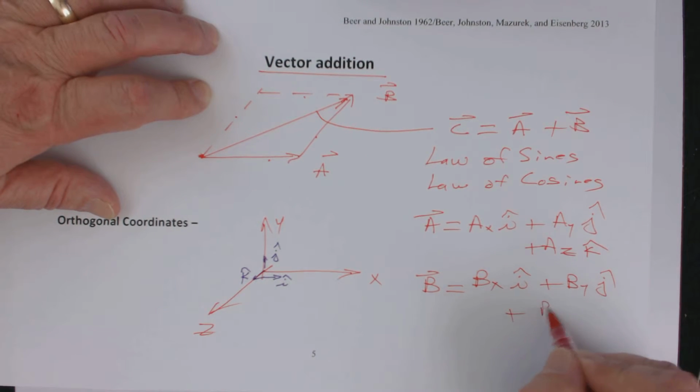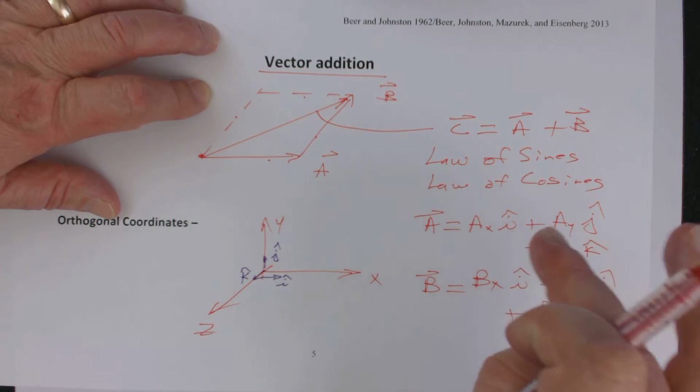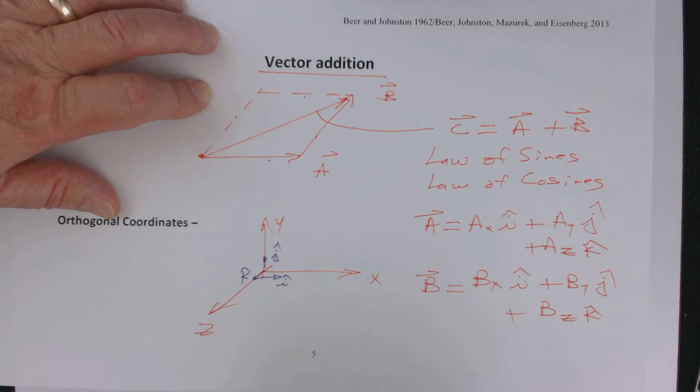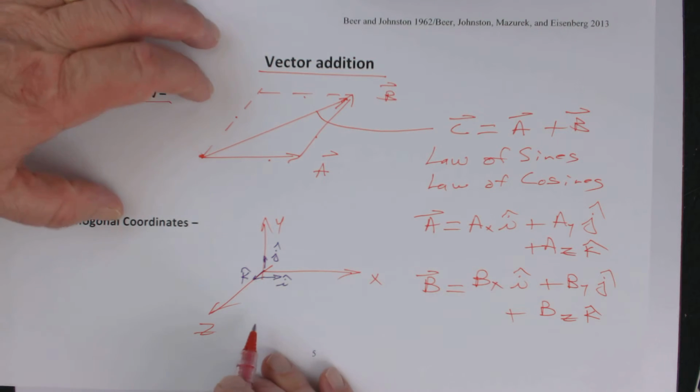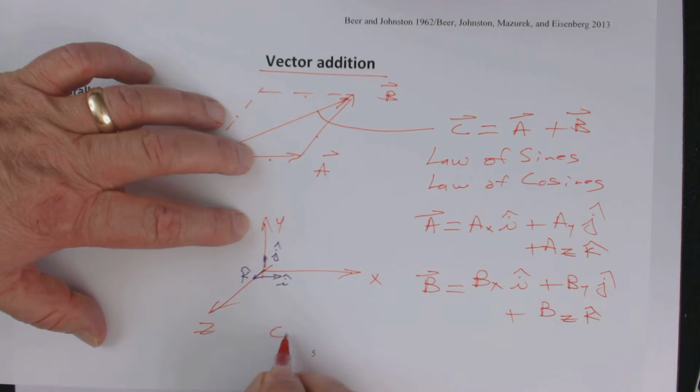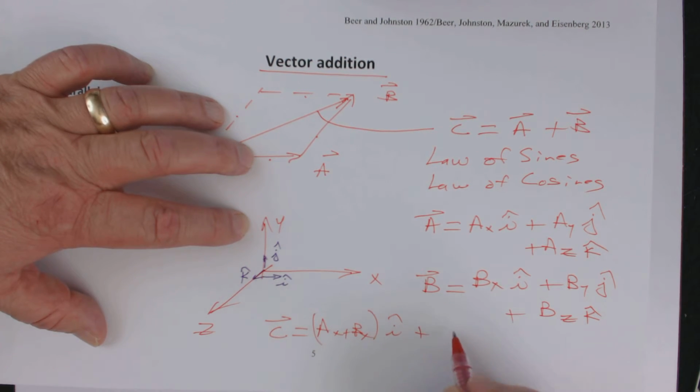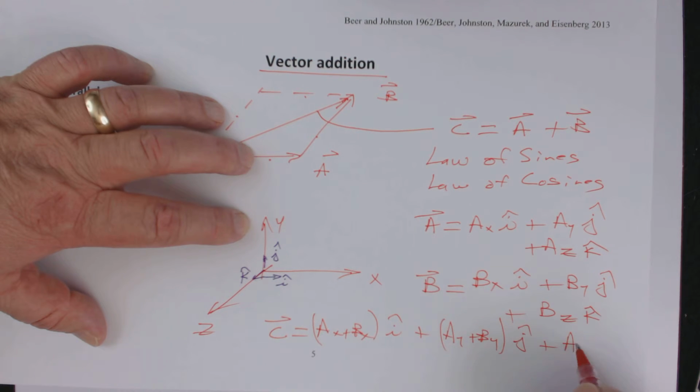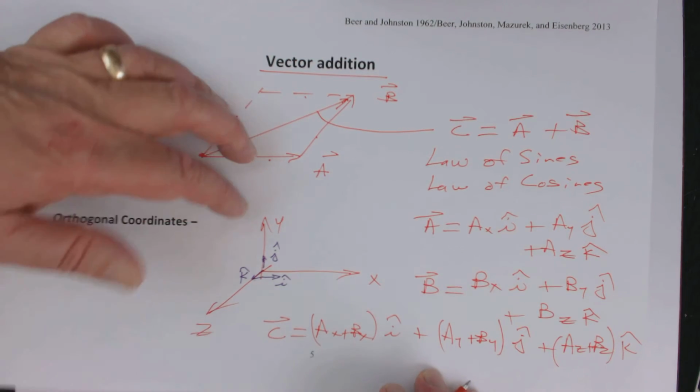Okay, so I take the two vectors, break them into their x, y, and z components. Those are called orthogonal components. And then I can say that my vector C is equal to AX plus BX in the I direction, plus AY plus BY in the J direction, plus AZ plus BZ in the K direction here.